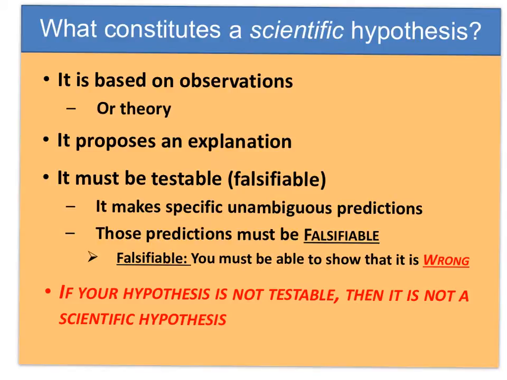So Newton came up with the theory of gravity in the 1660s. And that theory of gravity, which made very specific hypotheses and predictions, was the knowledge at that time that lasted for 300 years.